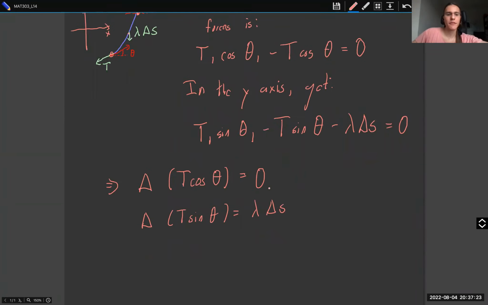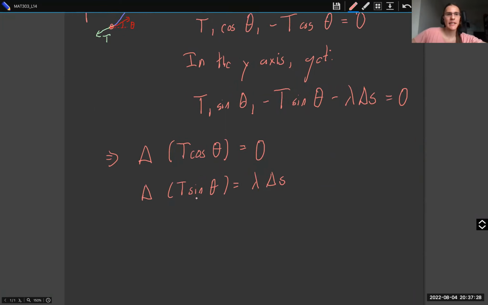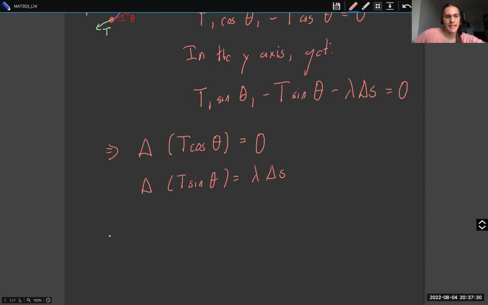And how we can think about this is, let's imagine the change with respect to x. So let's imagine that these are functions of x.